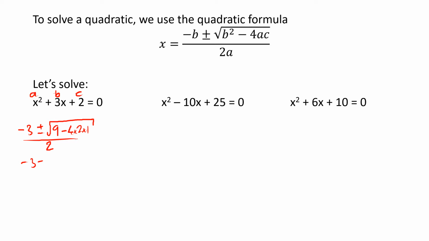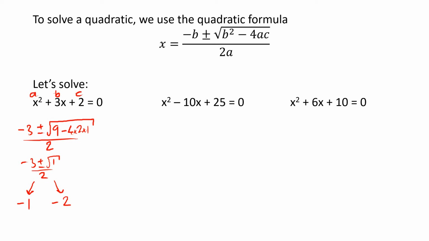So that would give you minus 3 plus or minus the square root of 1 over 2, and that gives you two possible solutions. It gives you one with the plus and one with the minus. If we use the plus, that's minus 3 plus 1 over 2, that is overall minus 1. And if you use the minus, that's minus 4 over 2, that's minus 2. So two different solutions there.